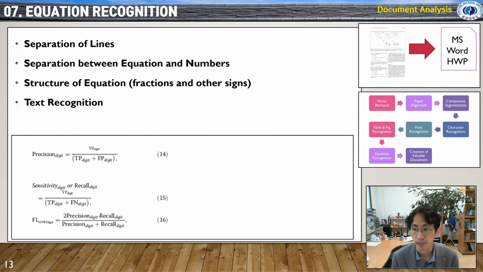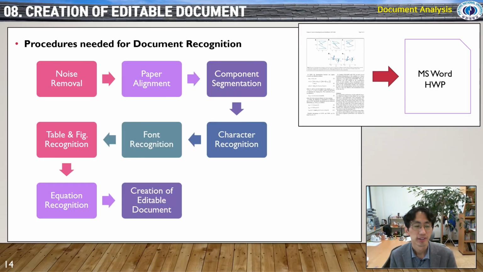Okay, that's all. I explained all the procedures of document analysis and document recognition. We talked about noise removal and paper alignment, component segmentation, character recognition, and font recognition. Then you get table and figure recognition, and after equation recognition you get the editable document.